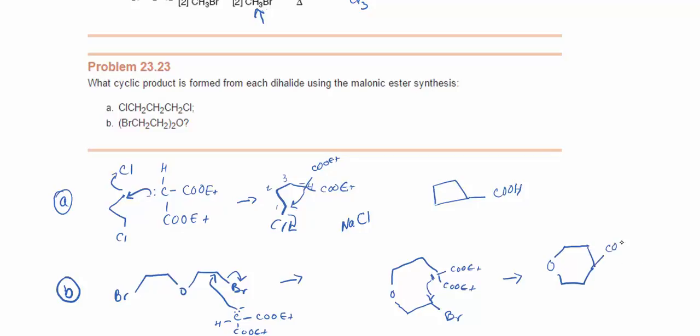We still have our ester groups. And the last step, hydrolysis and decarboxylation. First, the ethyls are removed. Then we decarboxylate, and we have our product.